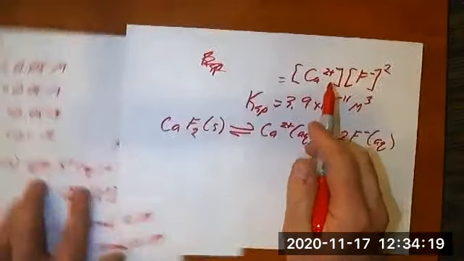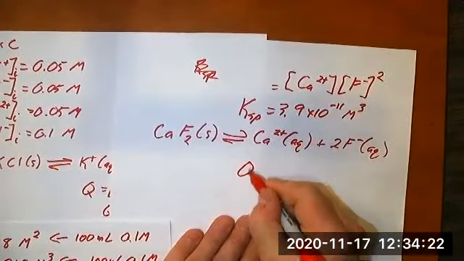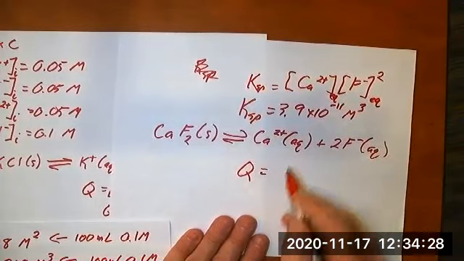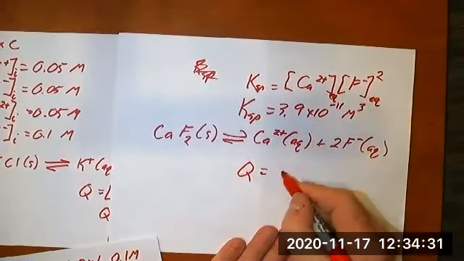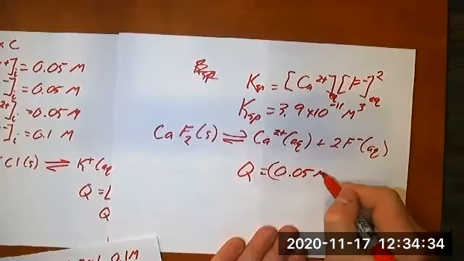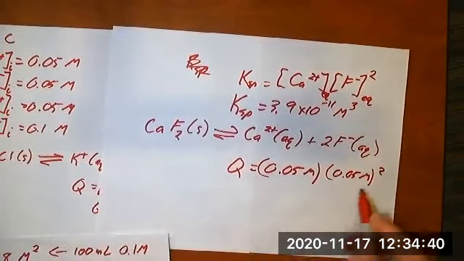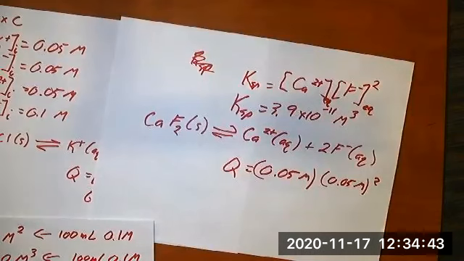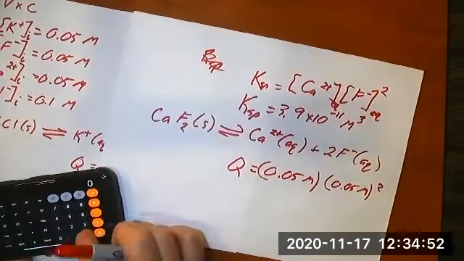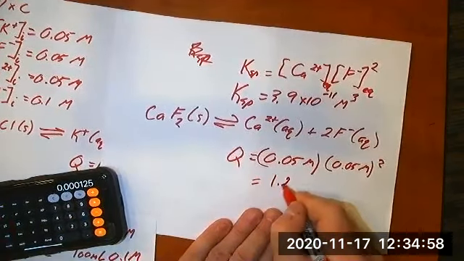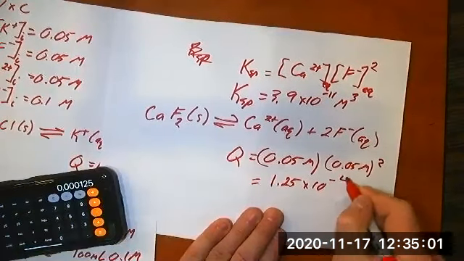So if we look at our initial concentrations, so we can get our Q, so these are not at equilibrium. If we look at our Q, our calcium ion concentration is 0.05 molar. Our fluoride ion concentration is the same thing, 0.05 molar squared. So it's going to be 0.05 cubed, which is 1.25 times 10 to the negative 4 molar cubed.